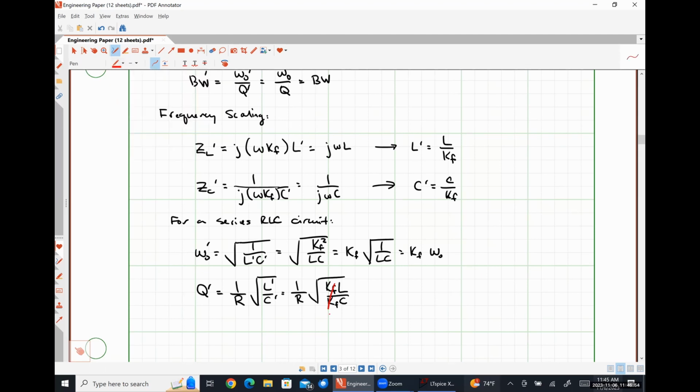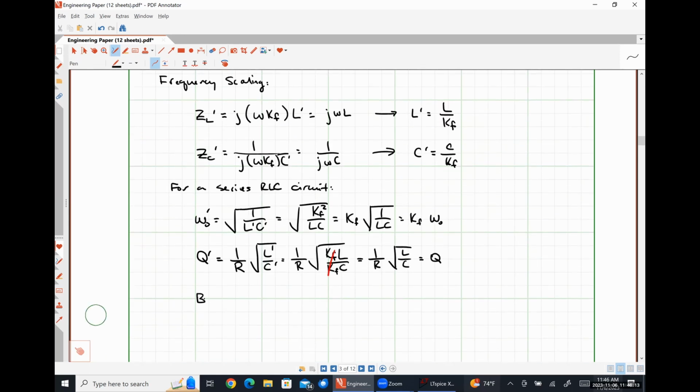These guys cancel each other out, leaving us with just 1 over R times the square root of L over C, which is nothing more than Q. So it does not have an impact on our quality factor whatsoever, just our resonant frequency.